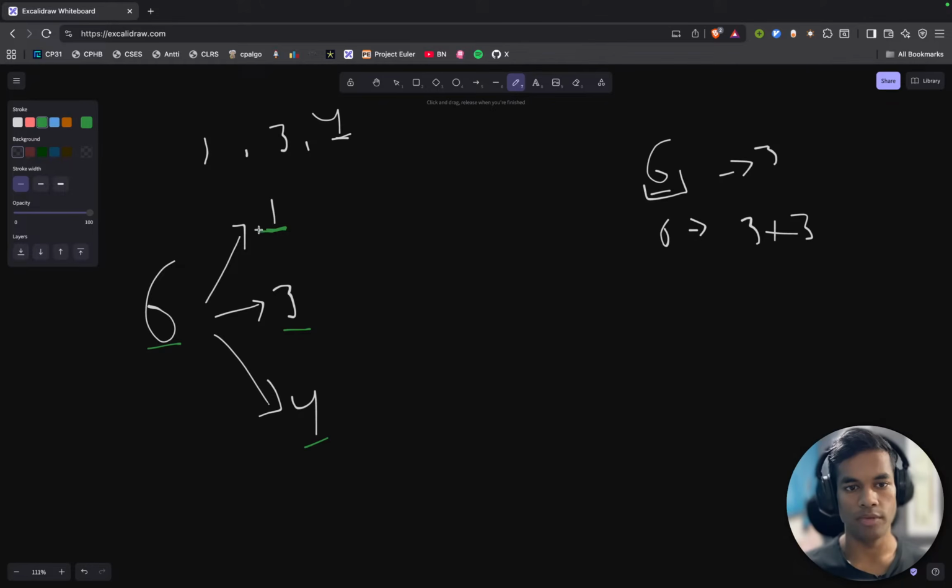So when we choose 1 as our last coin, our problem breaks down to a subproblem where we are finding the best solution to get to 5. And when we choose 3 as the last coin, our subproblem breaks down to 3. And when we choose 4 as the last coin, our subproblem breaks down to 2.